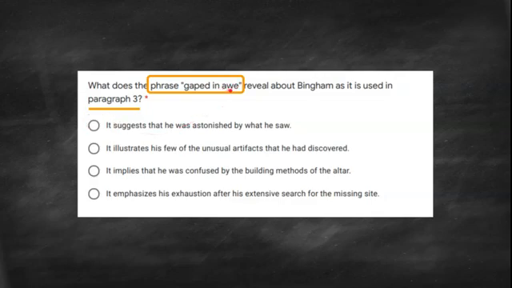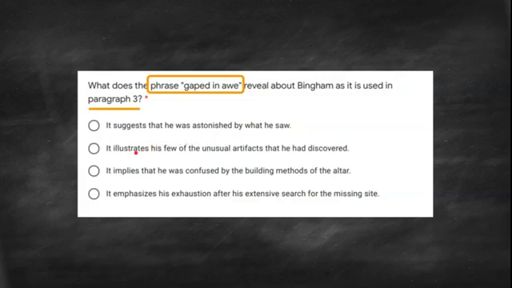So when you look at this word awe, it's short for awesome or awestruck. You're just in awe because something's so amazing. If you gape, it's like that open mouth shock look, like, wow. So when he gaped in awe at what he was seeing around him, it suggests that he was astonished by what he saw.